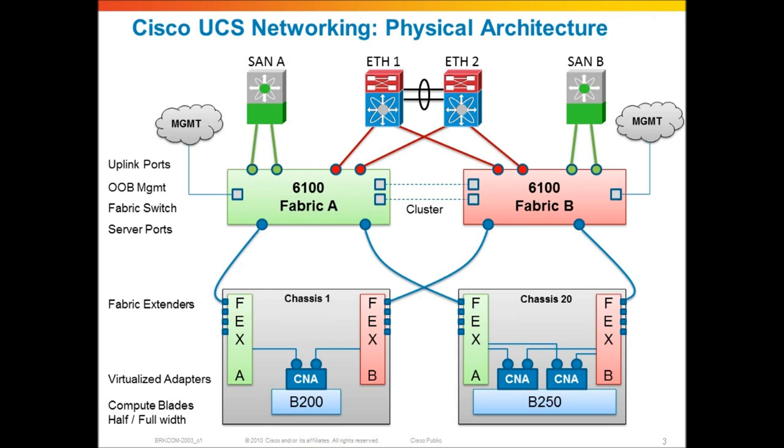And we would also typically, of course, deploy 2 Fabric Interconnects for high availability and redundancy. So we would have Fabric A and Fabric B, shown here in green and red. And to create that cluster interconnect, we use a special cluster link between the 2 Fabric Interconnects.